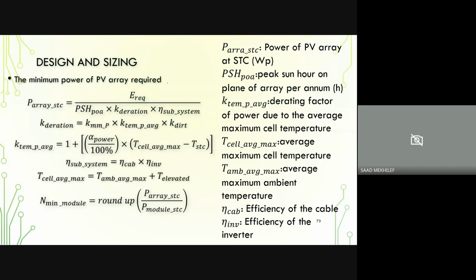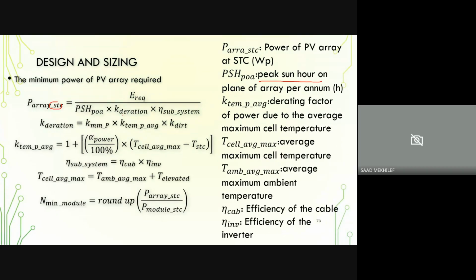To get the power from the array at STC, we need the energy required, the PSH, which is the peak sun hours on a plane, the derating factor, and then the efficiency of the subsystems.